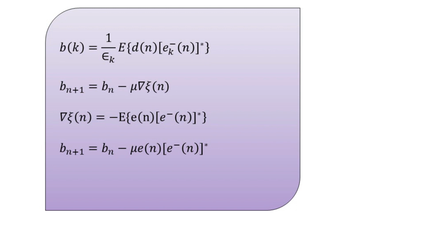So in terms of the individual filter coefficients b of k we have been representing in general, the update equation using the LMS approach will be b suffix n plus 1 of k, it is equal to b suffix n of k added by mu into the error signal e of n into the complex conjugate of E suffix k of n, and E is negative here.